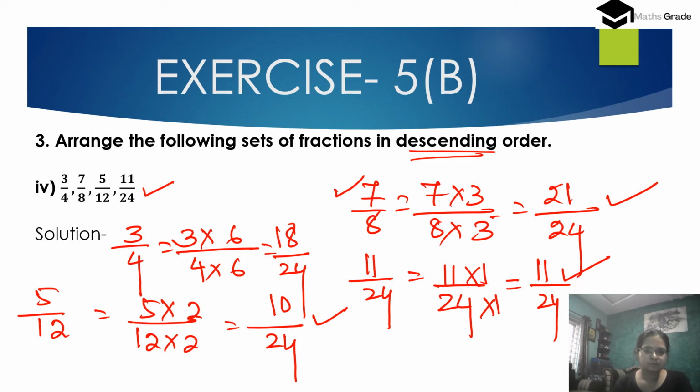So here the greatest number is 21, so 21 divided by 24 is the greatest fraction. Then after 21 the greatest number is 18, 18 divided by 24, then 11 divided by 24, then 10 divided by 24.